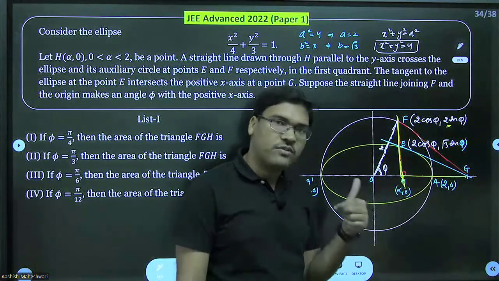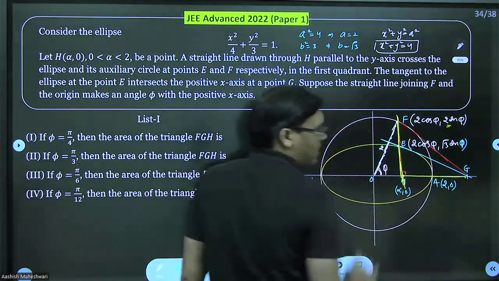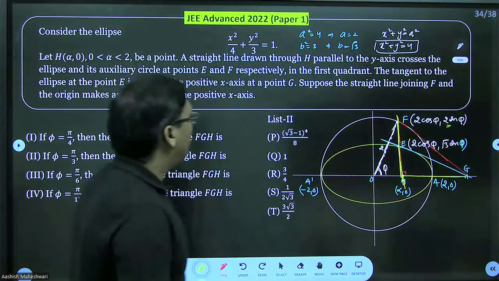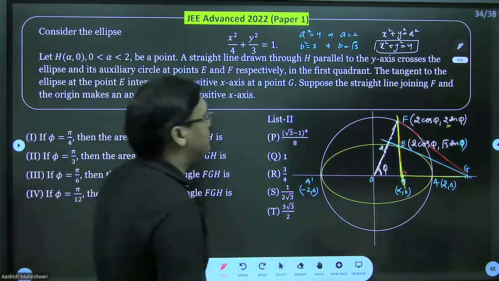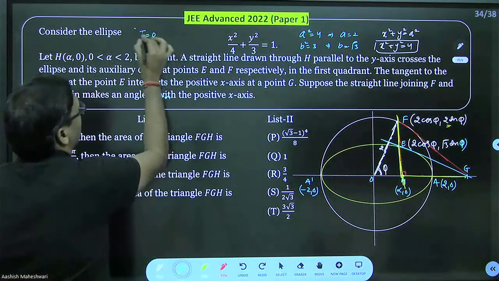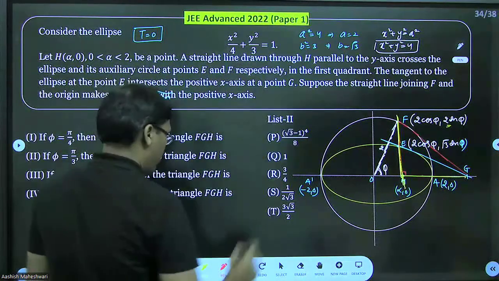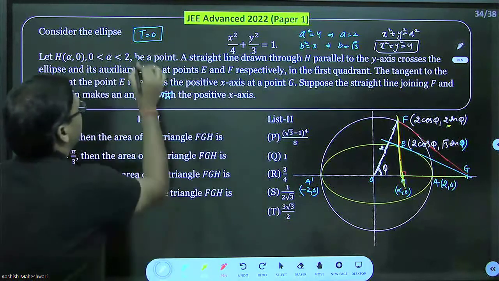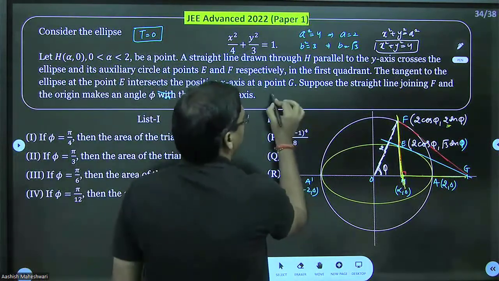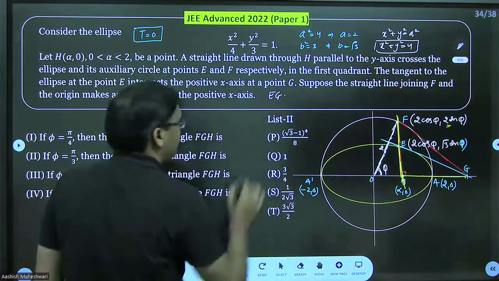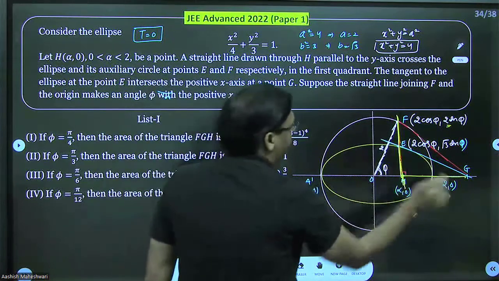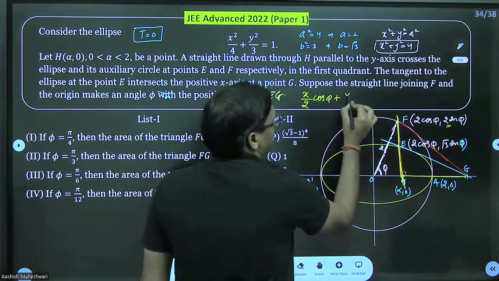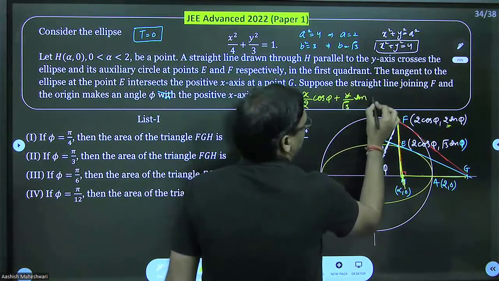Now how can you find the coordinate of G? In the question it is given that this is the tangent, and if you can write the equation of the tangent, writing its point of intersection with the x axis is very easy. What is the equation of the tangent at any point on the ellipse, this is T equal to 0. Replace x square with x1, so x upon a cos theta plus y upon b sin phi equal to 1.